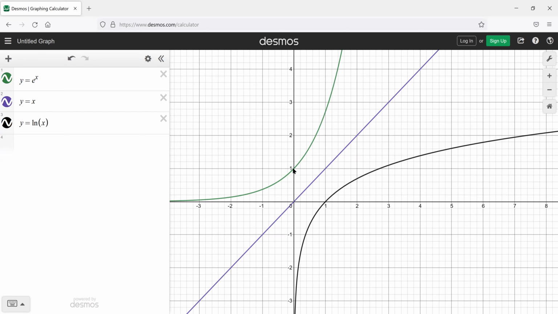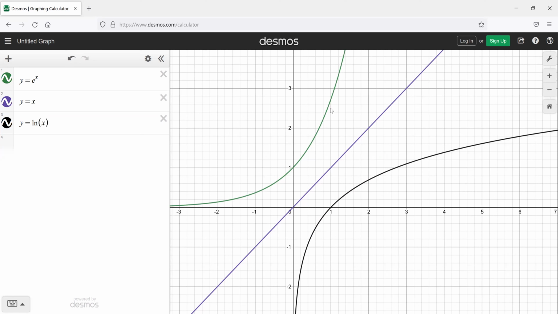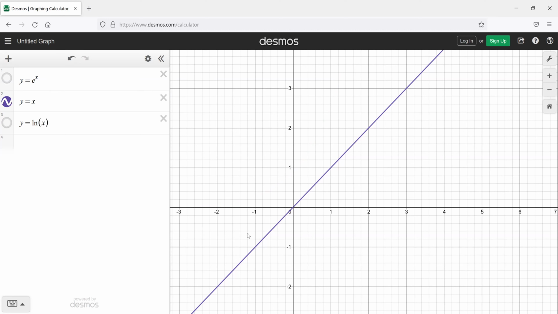Do you see that visually? As it gets further away here, it gets further away here. Okay. So these are inverses of each other. And the reason they're inverses is because they are mirrored over this line right here.